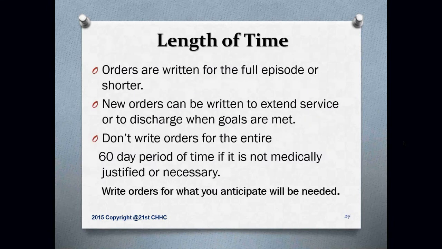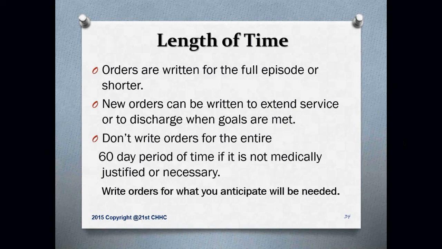The length of time on the plan of care, typically orders are written for the full episode. However, we do see some instances where frequencies will be less than the 60 days. So the episode in box 3 will always be the 60 days. However, the doctor may have that he only wants the patient seen for home care for 3 to 4 weeks.